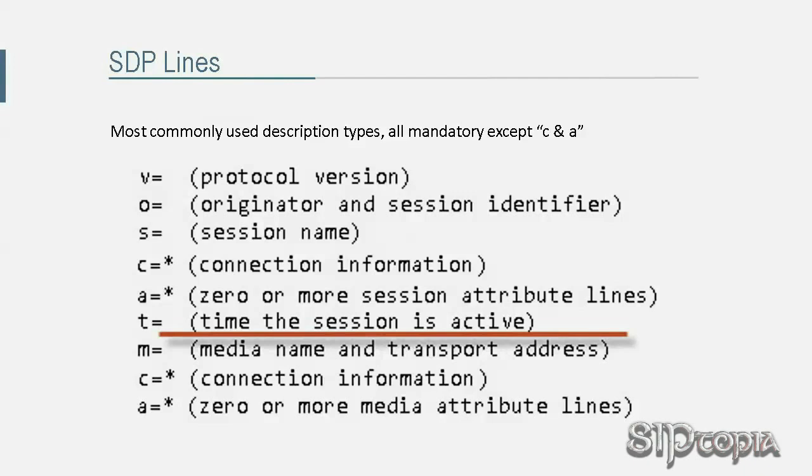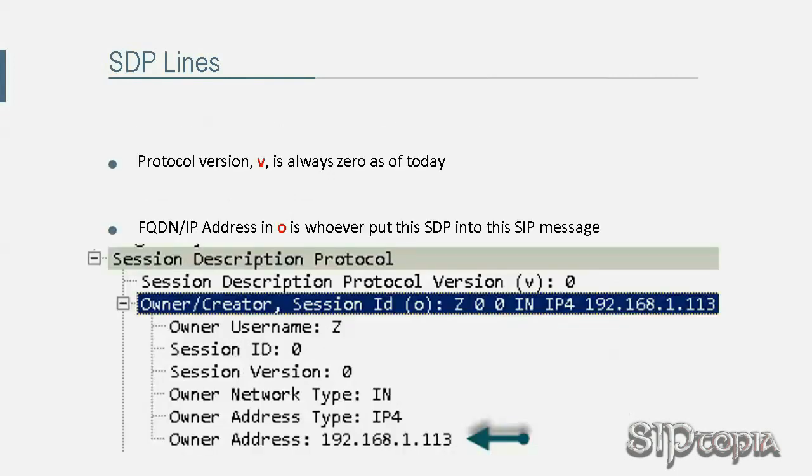Now let's go over these descriptions and focus on certain aspects that are crucial for troubleshooting SIP calls. First of all, there is no other version of SDP, so you won't see anything other than 0 in the v-type description. The type o is slightly more important. The FQDN or IP address seen at the end of the o-type description represents whoever put this SDP into this SIP message.